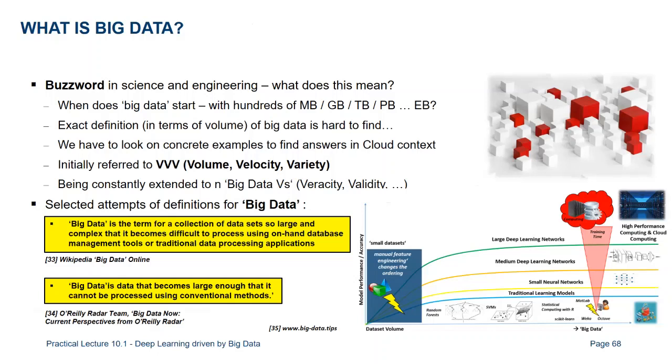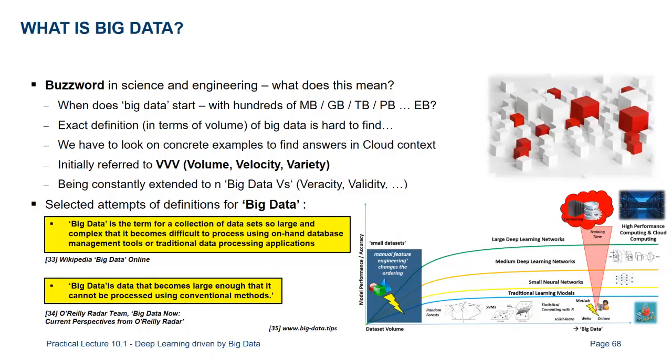At the end, if you look at data, what you should consider is not just their volume in terms of megabytes, gigabytes, but also different types of properties that this data might have. And this is where the V definition comes from: volume, velocity, variety. I will give you a concrete example with remote sensing data.